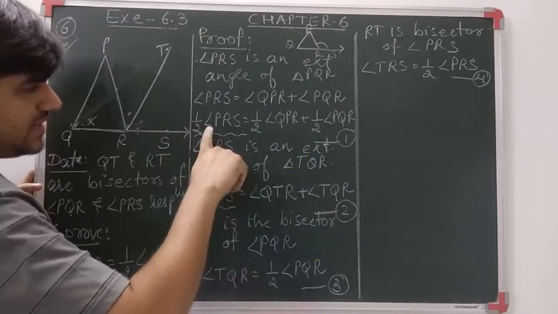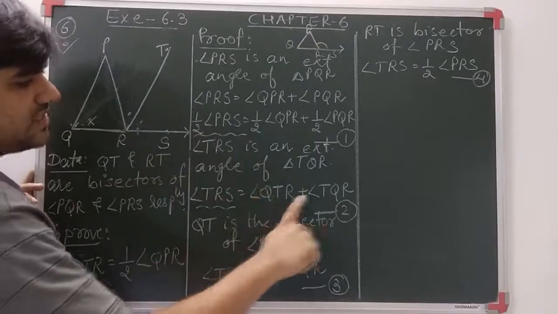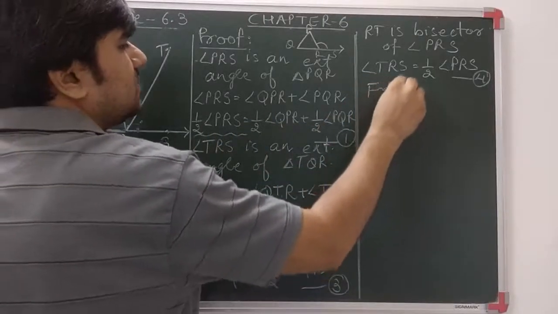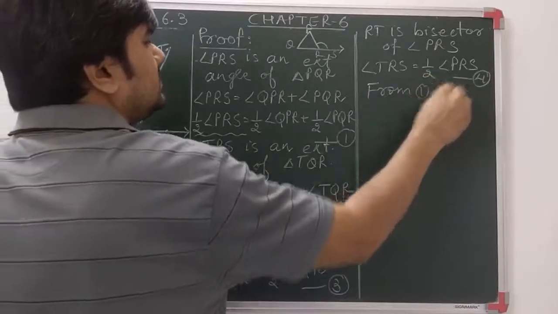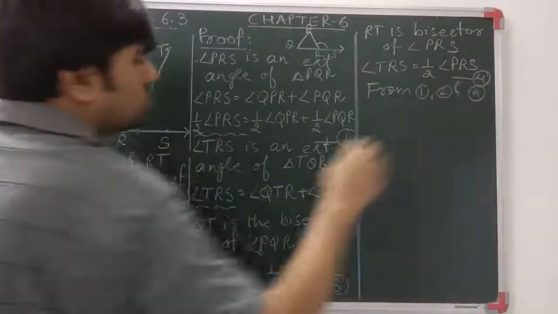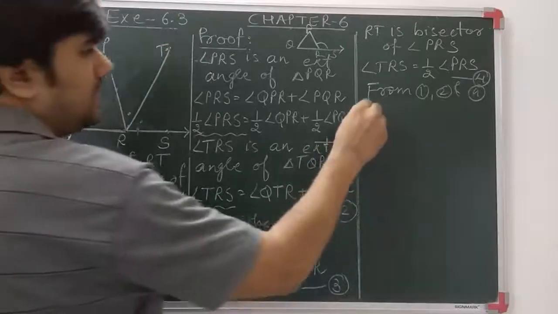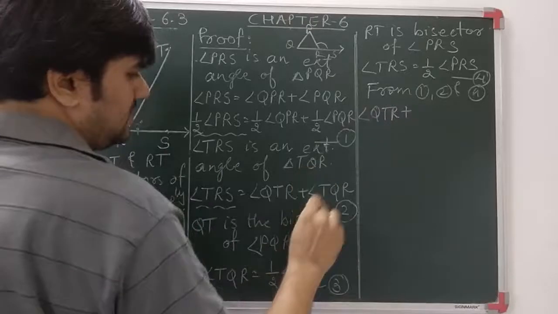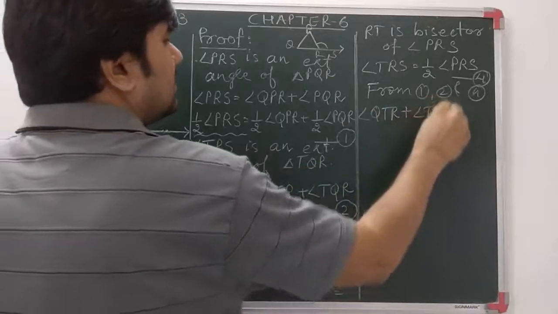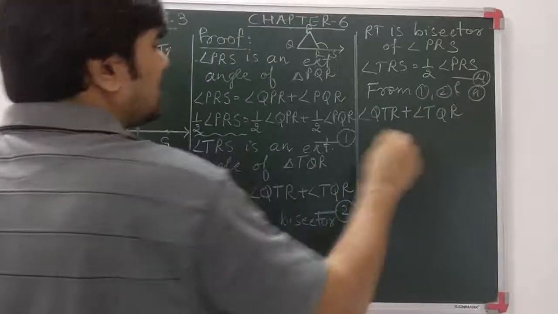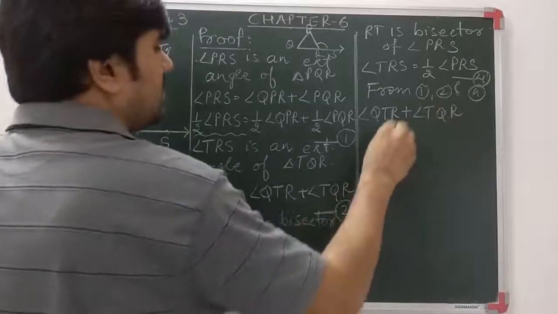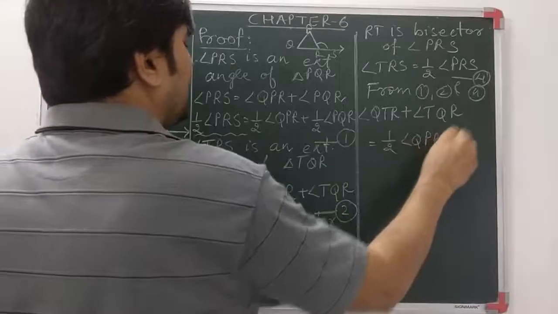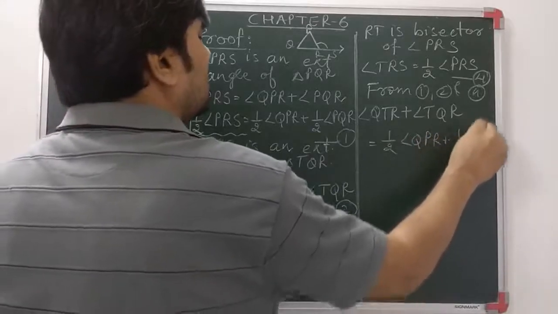This angle and this angle are the same. So obviously the right hand sides must be equal. So we can say that from equations 1, 2 and 4, the right hand sides are also equal. That is QTR plus TQR is equal to half of QPR plus half of PQR.